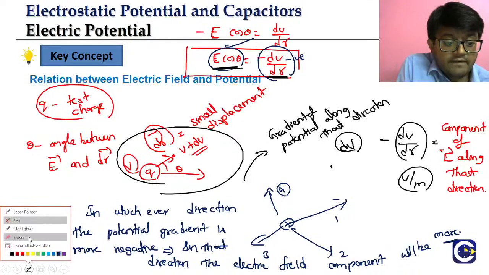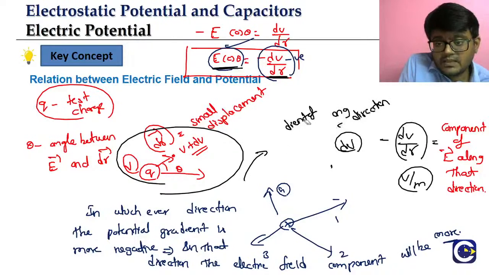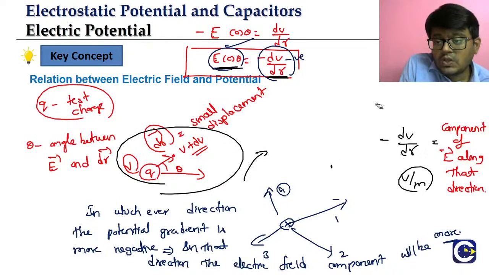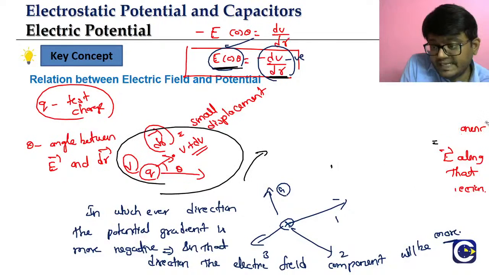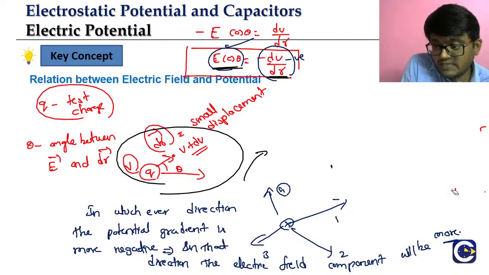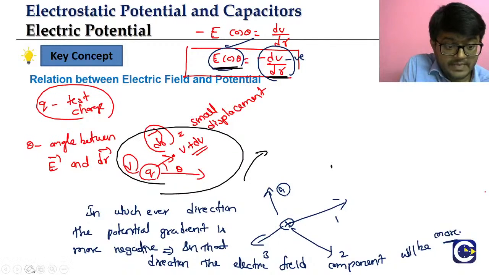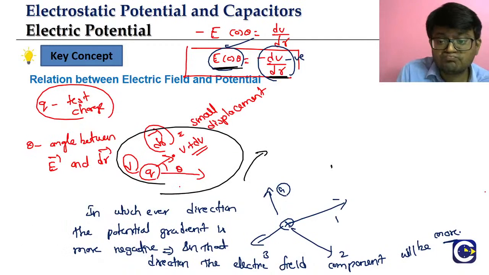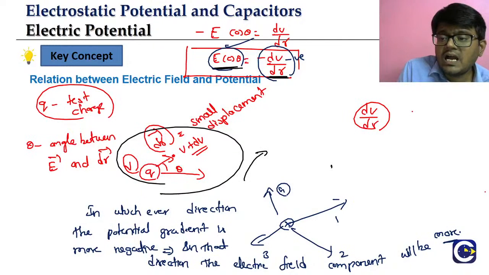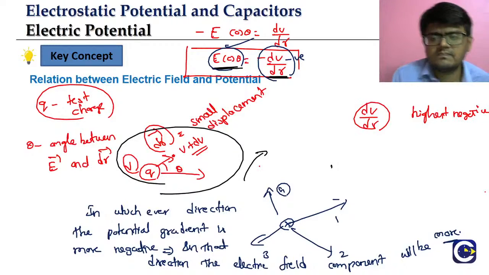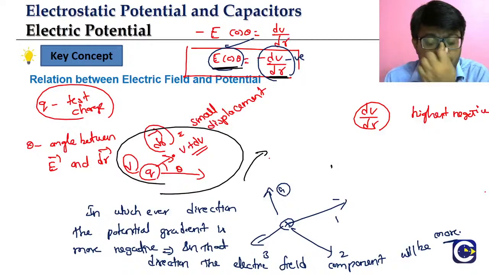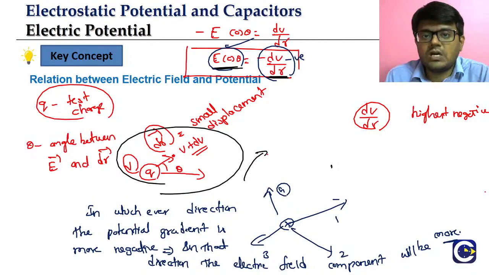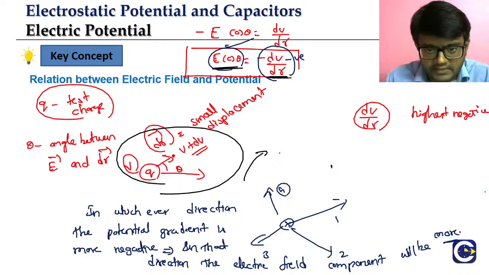Now look, whenever minus dV by dr has the highest value, which means dV by dr is highest negative in a direction, that will be the direction of our electric field.